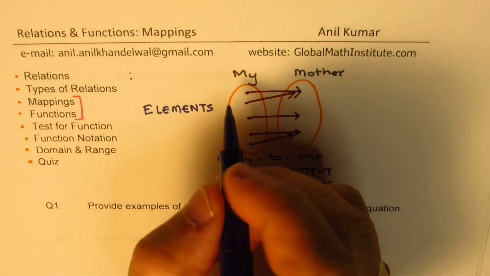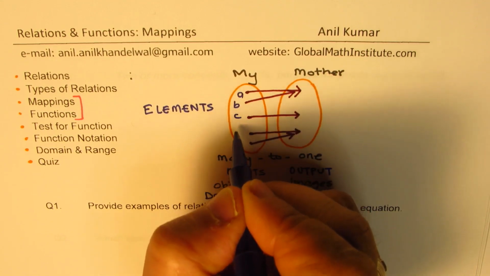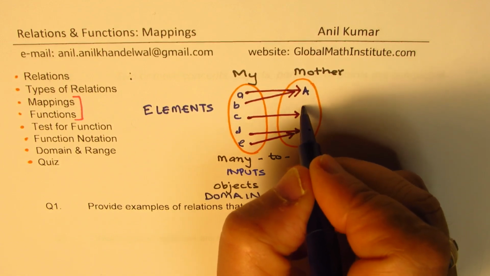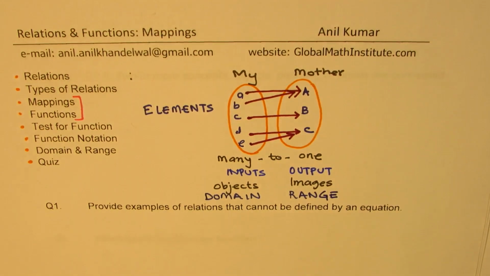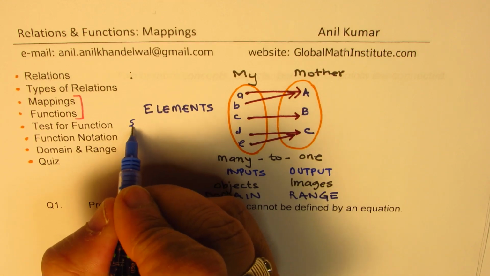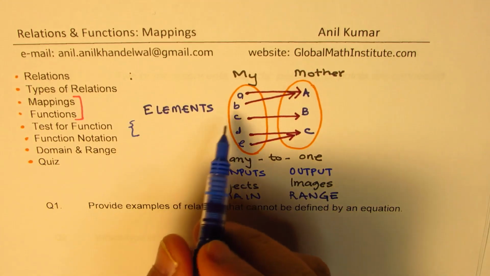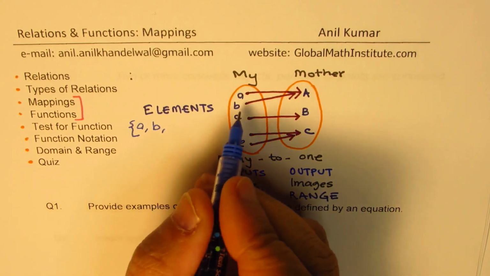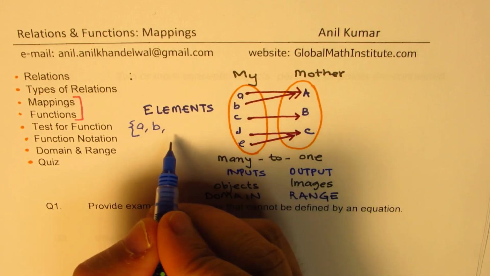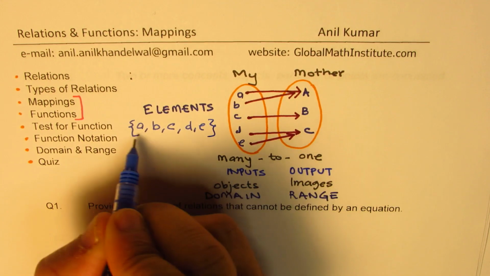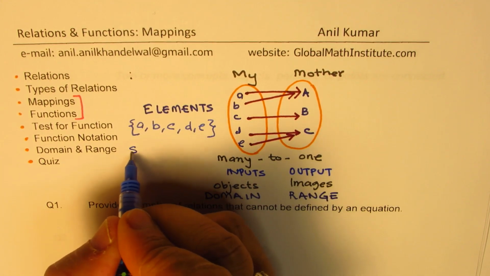So let's call them A, B, C, D, E. Let's call these as capital A, capital B, capital C, something like this. In that case, all the elements in the domain can be written in the form of a set. So this curly bracket gives you a set, and we can write this by listing all these elements, right? So at present, we'll just define it to the terms shown here in the mapping diagram. So the curly brackets indicate a set of elements.